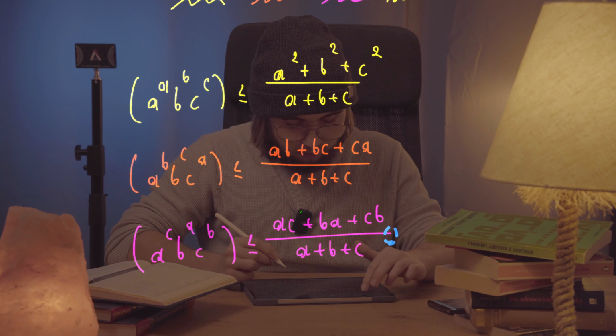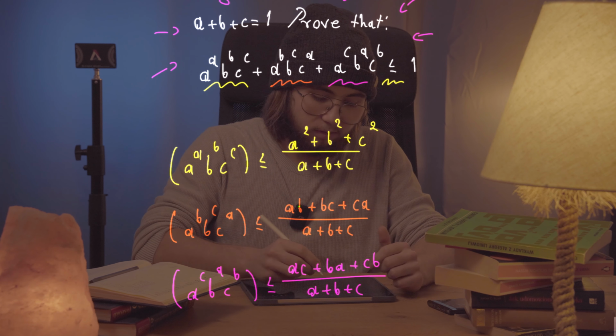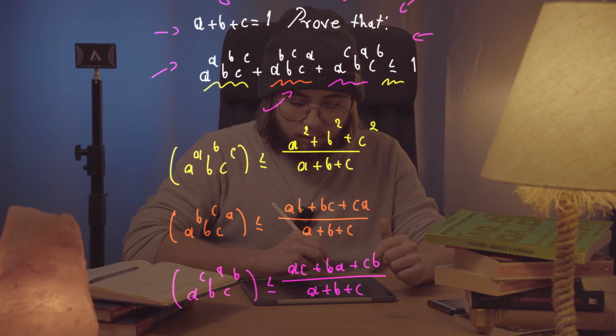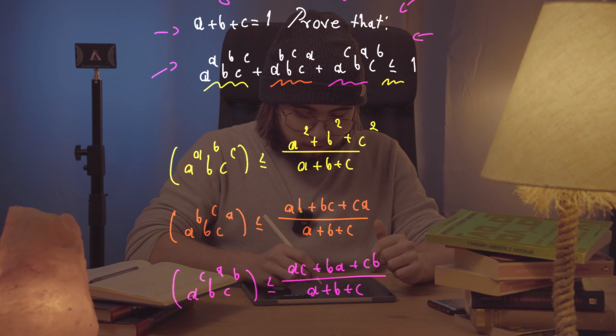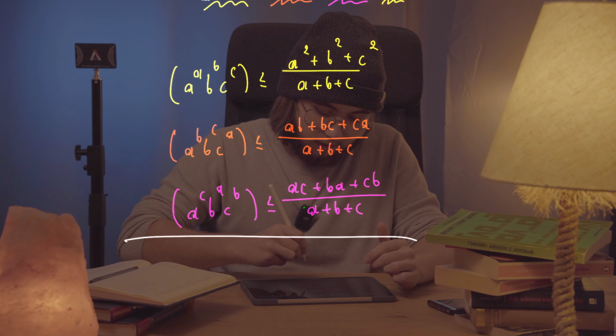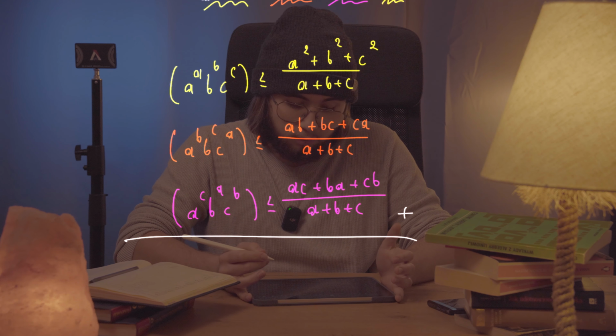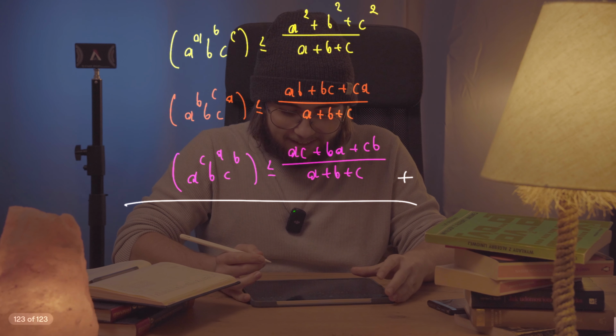Beautifully. So now what can we do here? Well, we're actually trying to estimate an upper bound on the entire sum of all of those terms. So maybe it would be a nice idea to try and sum all of those upper bounds and see whether we get anything from that.